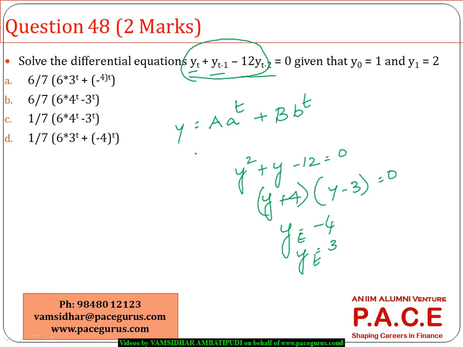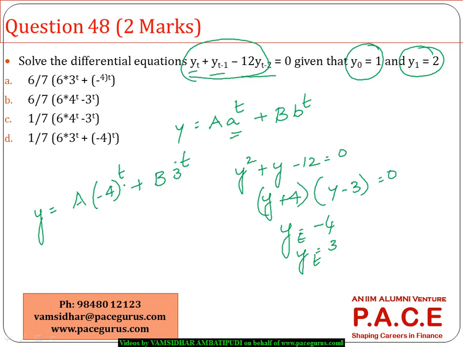So substituting the roots here, a into minus 4 power t plus b into 3 power t. This is the general solution of this equation. But I have to go further and find out the values of a and b. For that I'll use these two things. Y of 0 equal to 1.